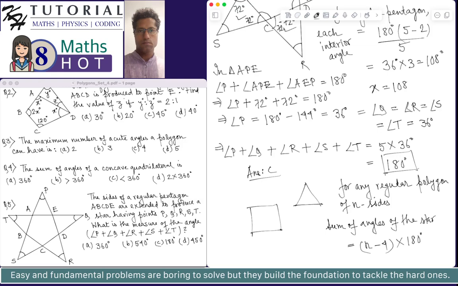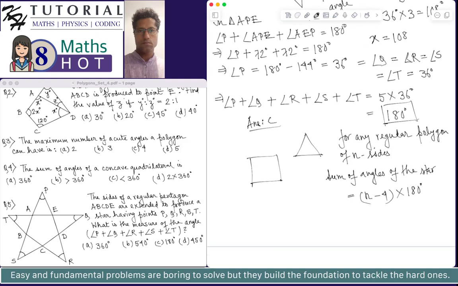So for a pentagon, if you put n equals 5, you will get 180 degrees. For a hexagon, if you put n equals 6, you will get 360 degrees. And of course, for a hexagon, the corner angles will be 72 degrees.